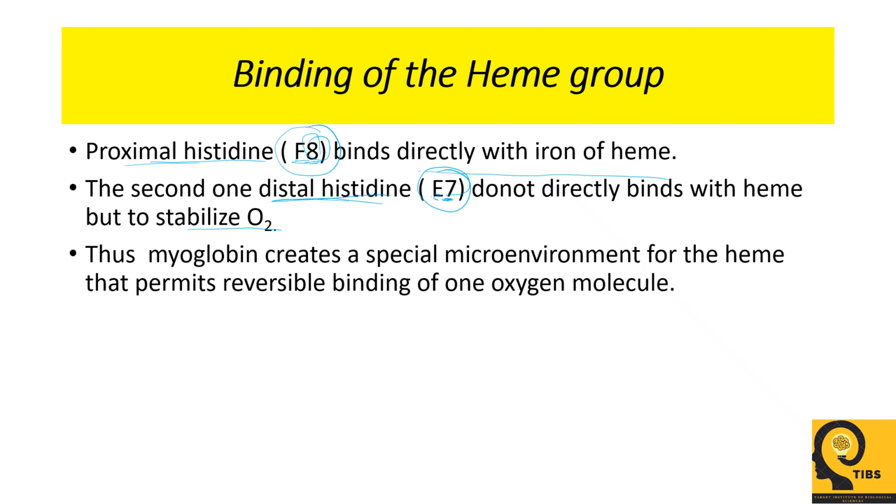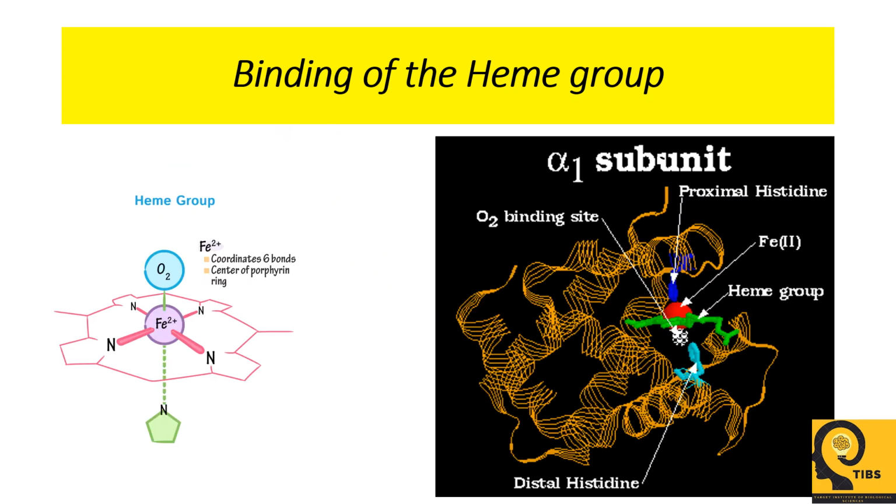Now we can see how the proximal and distal histidine help in the binding of oxygen to the heme group.